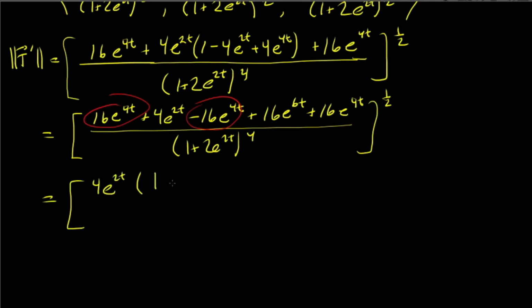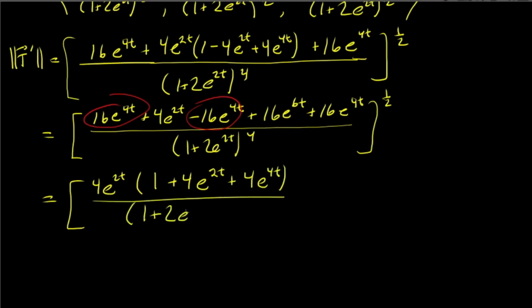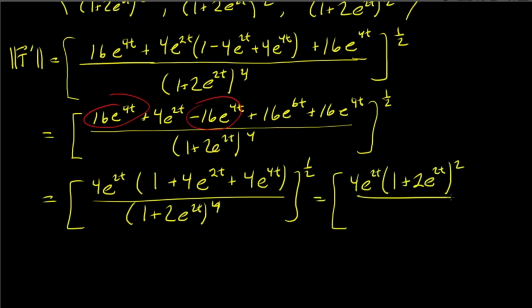And we get 1 plus, well, let's do the second one first: 4e to the 2t, and then plus 4e to the 4t. And you notice what's in parentheses in the numerator is indeed a perfect square. It's 1 plus 2e to the 2t, the whole thing squared.